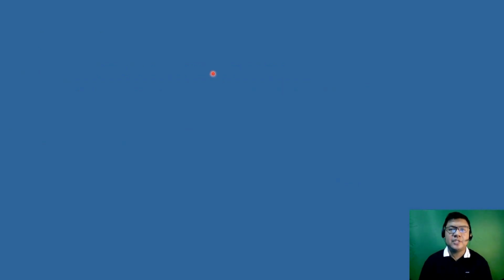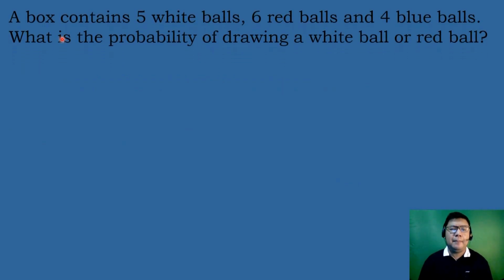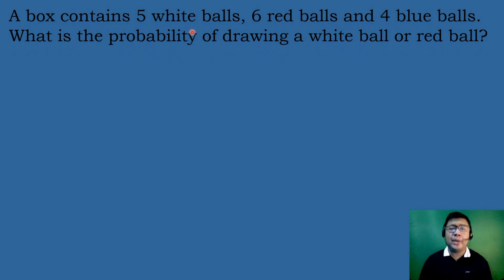Let's have our first problem. A box contains 5 white balls, 6 red balls, and 4 blue balls. What is the probability of drawing a white ball or a red ball? Let's identify first the given.